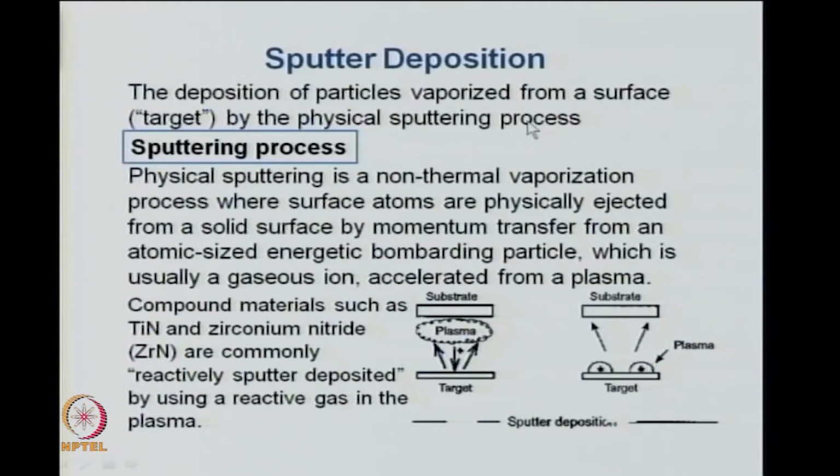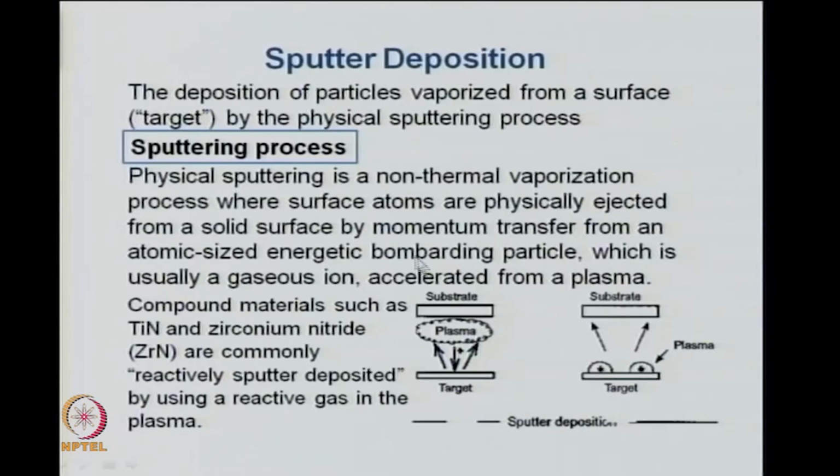So, what is this sputtering process? The physical sputtering is a non-thermal vaporization, where surface atoms are physically ejected from a solid surface by momentum transfer. So, it is not an evaporation technique.